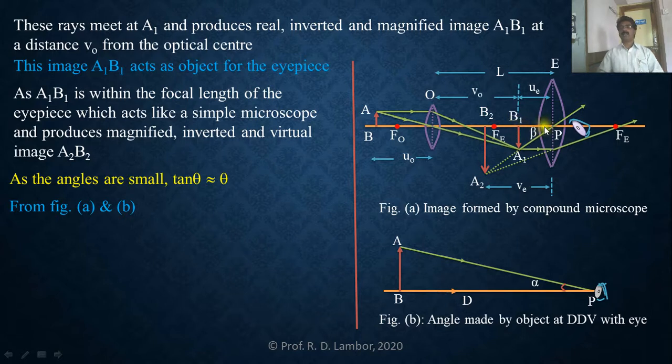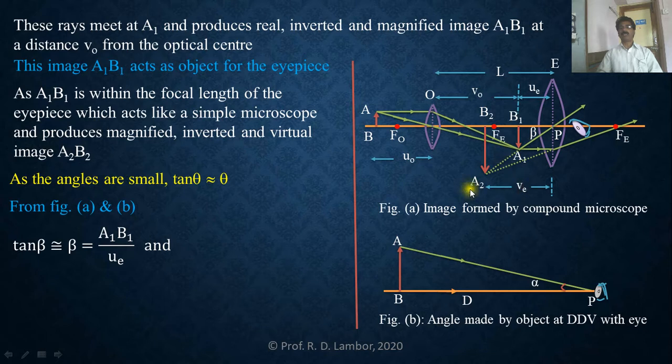So in this diagram, the opposite side is A1B1 and the adjacent side is B1P, which we take as UE, because this image A1B1 is acting as an object for the eyepiece. So UE is the object distance for the eyepiece, as UO is the object distance for the objective and VO is the image distance for the objective. So tan beta we can write like this.